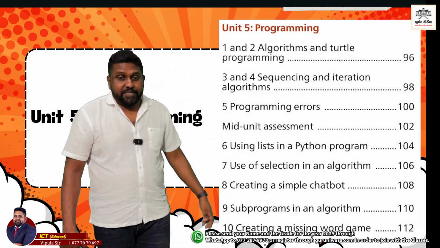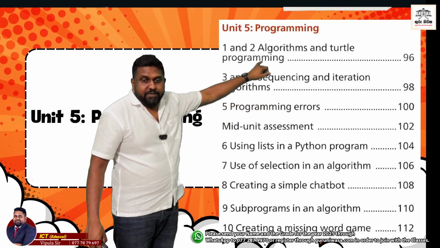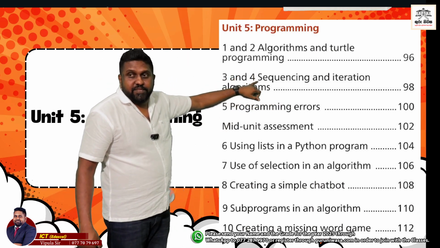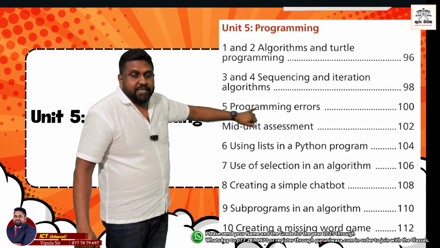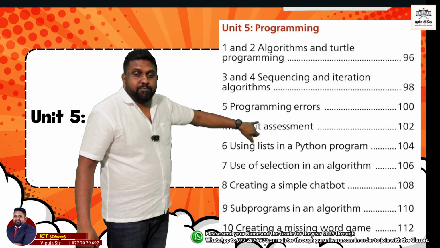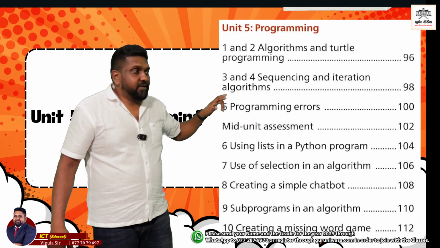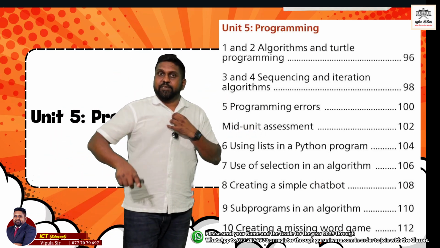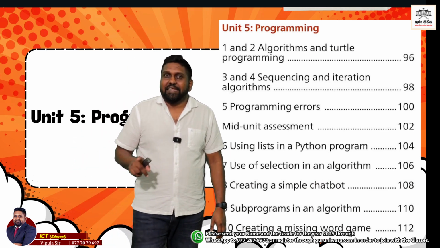So in unit 5, we talk about algorithms and turtle programming, sequences and iterations, programming errors, and then we jump into Python programming. This is where we learn about Python, because in IGCSE we don't learn the Python basics.